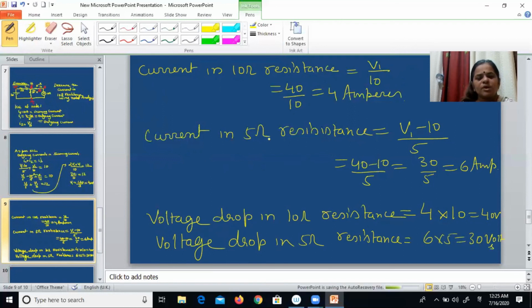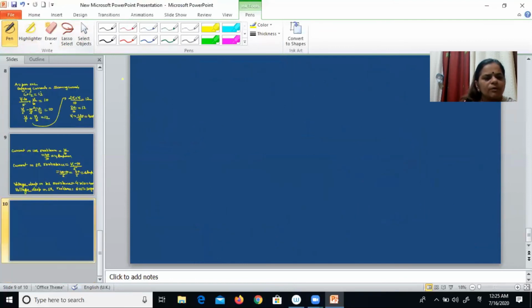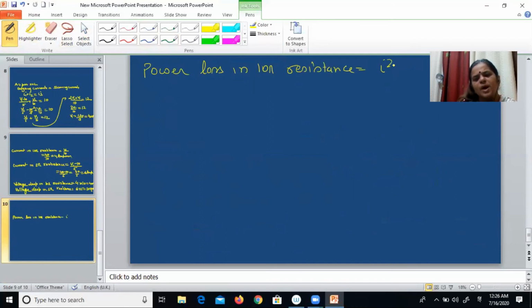Okay. Similarly, if the power loss has been asked, power loss in 10 ohm resistance, what is the power loss? I square into 10. What is I? I have calculated 4 amperes. So 4 square into 10 means 160 watts will be the power loss.